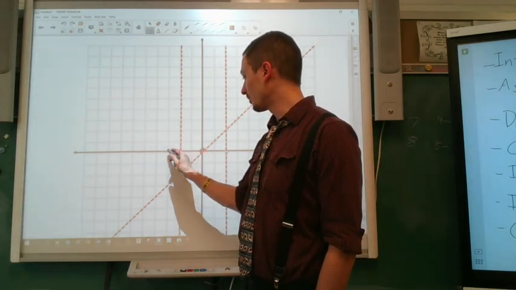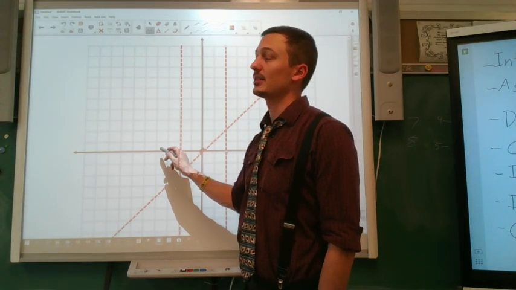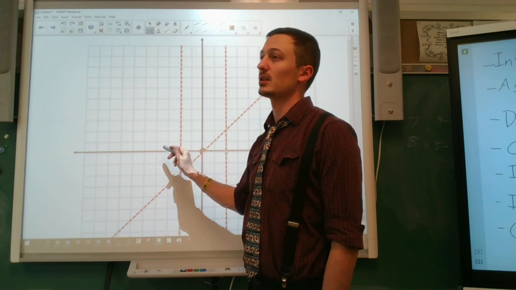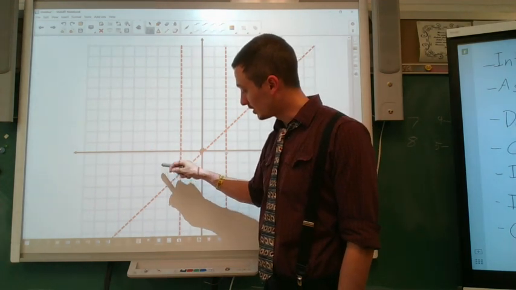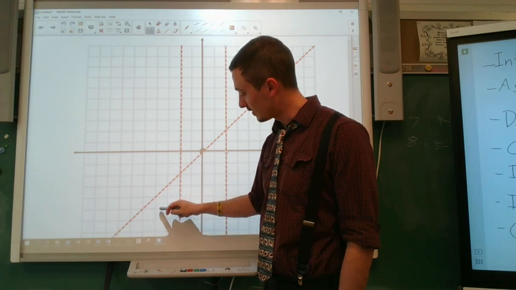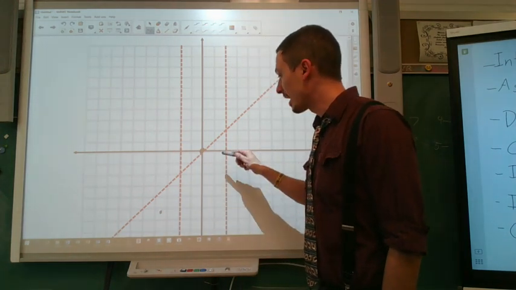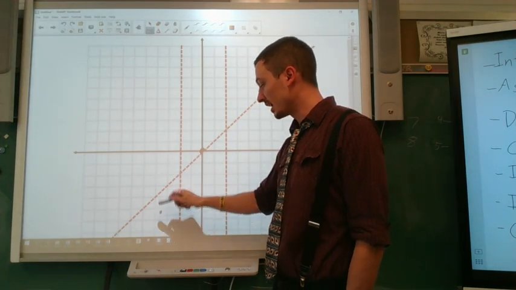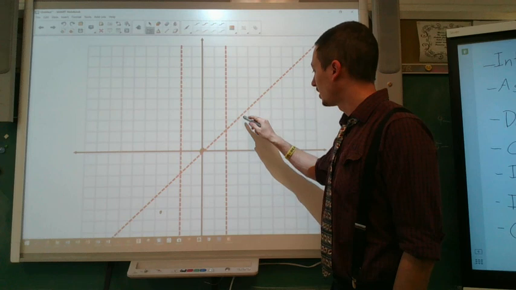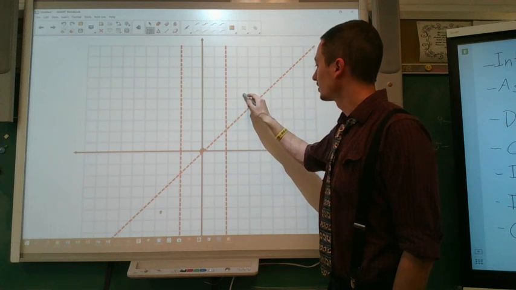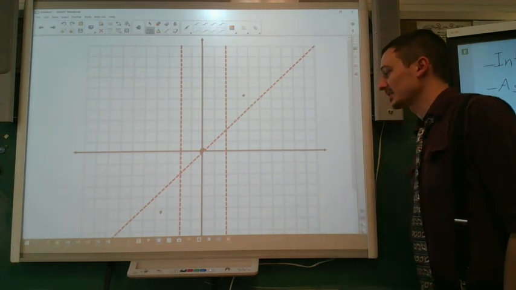So between 3 and 4 is the x coordinate, and then 3 square roots of 3 is going to be similar to the square root of 27, which is a little bit more than 5. So 1, 2, 3, 4, 5, a little bit more than 5, right there. So at negative square root of 12, negative square root of 27, and positive square root of 12, positive square root of 27. It's going to be something like that.